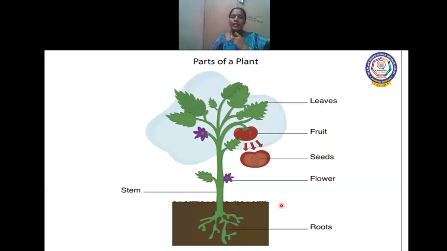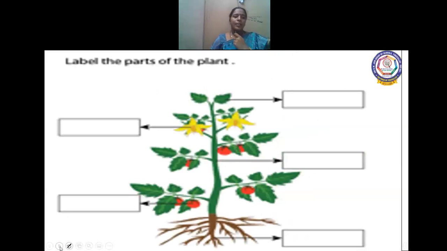So this is the root system, and all this part is known as the shoot system. Let me do a small exercise.